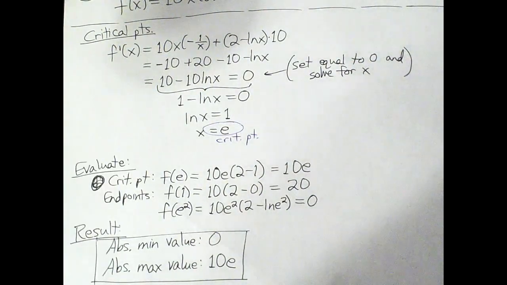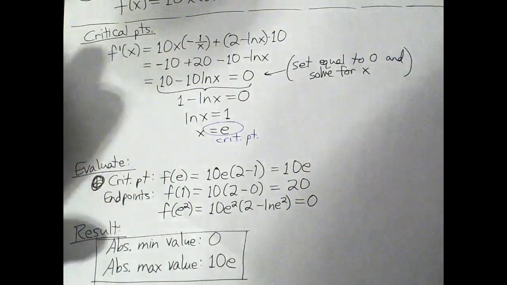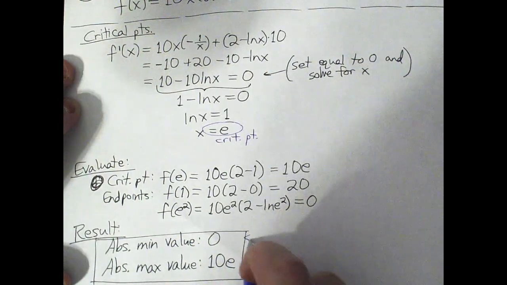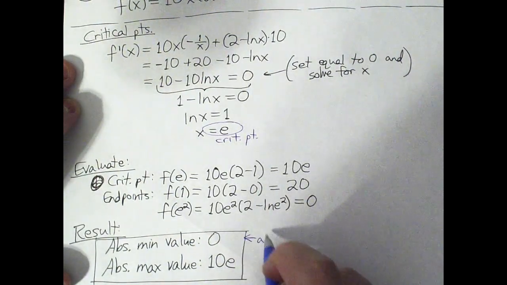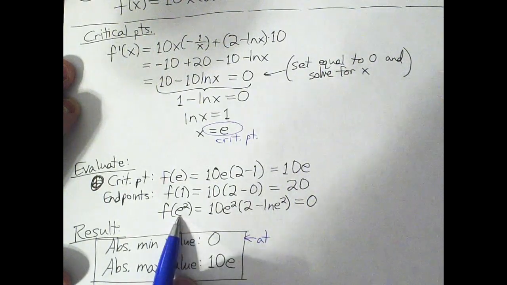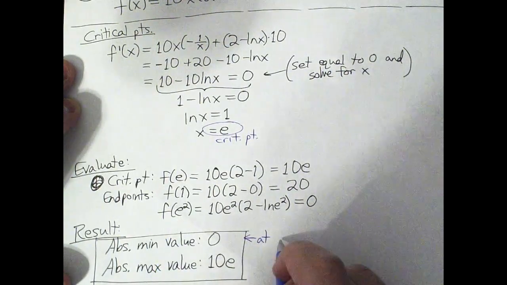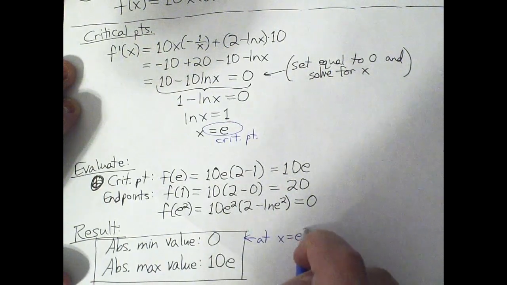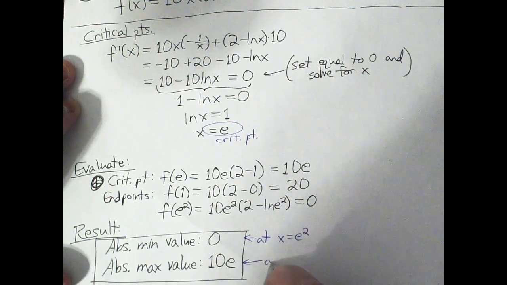And this problem didn't really ask us to give the x-coordinates of where the absolute max occurs and where the absolute min occurs. But if you needed to, we found it along the way. I mean, we can say the minimum occurs at x equals e squared, and the maximum is happening at x equals e.